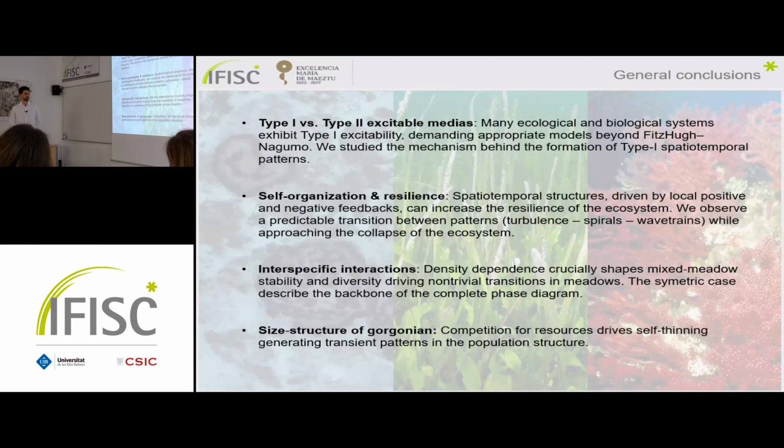And we focus on the symmetric case that describes somehow the backbone of the more general system. Regarding the Gorgonians, we include this model to describe communities of Gorgonians, and we saw that the competition for resources can drive self-thinning and the formation of a typical distribution with a peak for intermediate size colonies.